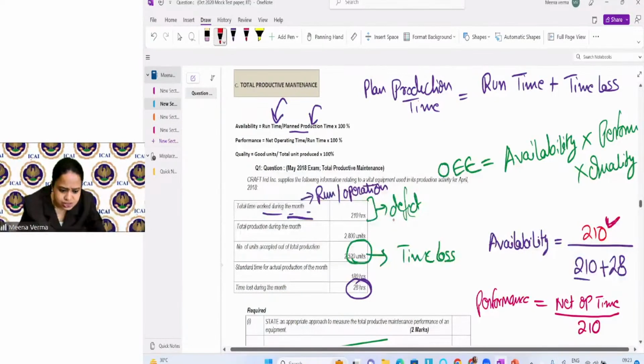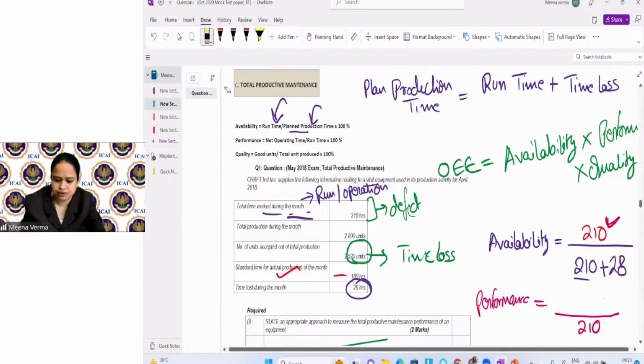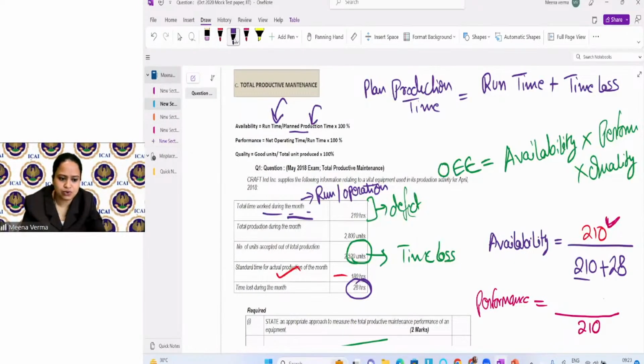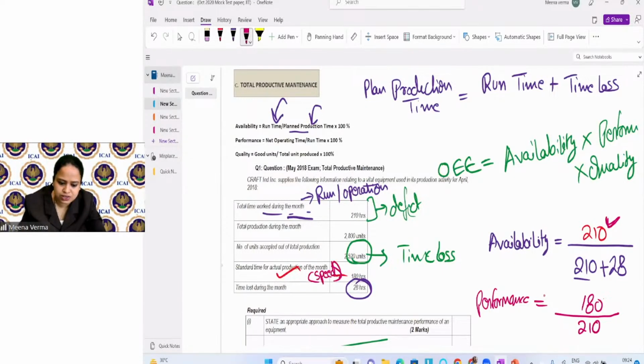So just come back here and see what is the actual time for which you have worked. The standard time for actual production here is 180, right? This will give you the performance. Always remember this value is coming less here because of speed loss.